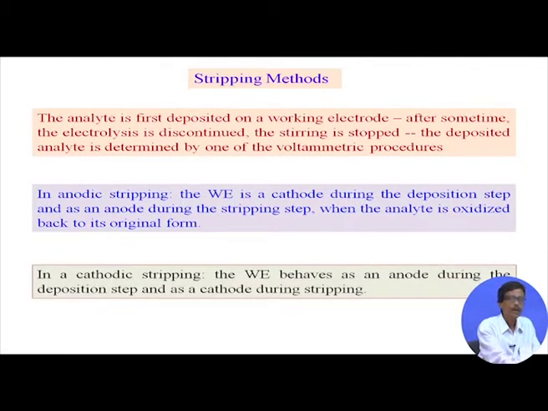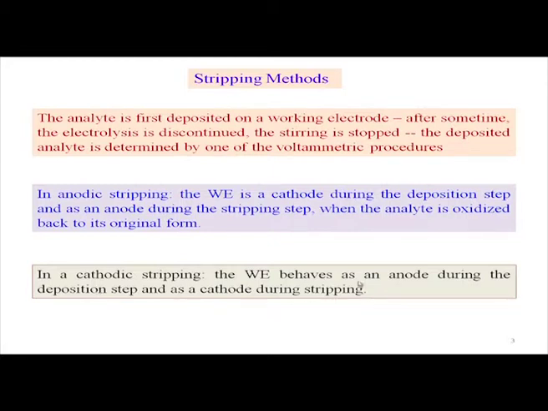Then the other process is the opposite of the first one. When the working electrode behaves as an anode, you get the deposition, and it will be a cathode during stripping. This is known as cathodic stripping.